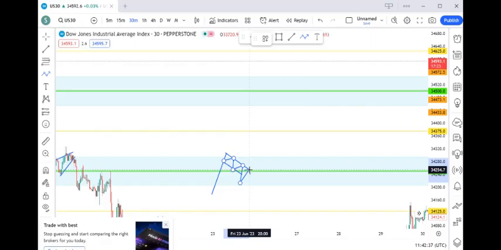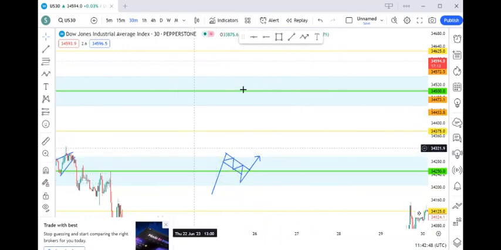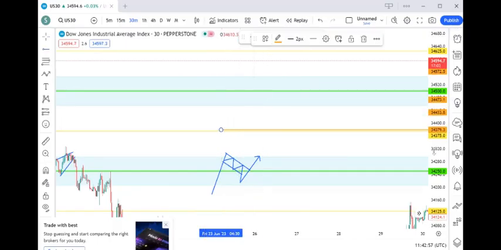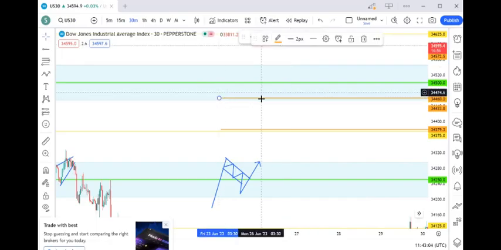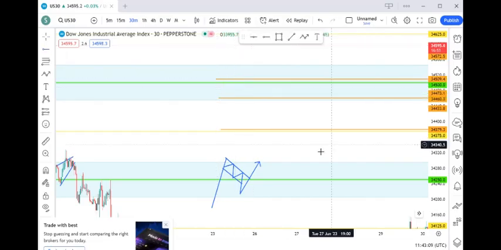Liquidity spike and breakout. Okay, we've got a bullish flag here. And we have our TP points, our highs set just above mid-range, just above tip of zone, and just above key level.